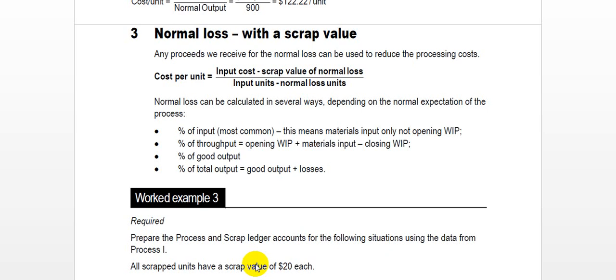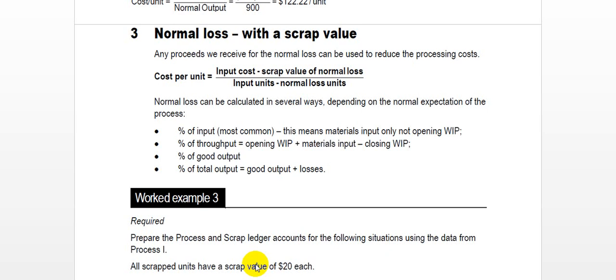But it can be calculated in different ways depending on the normal expectation of the process which is involved. You could use percentage of input, percentage of throughput, percentage of good output, or percentage of total output.